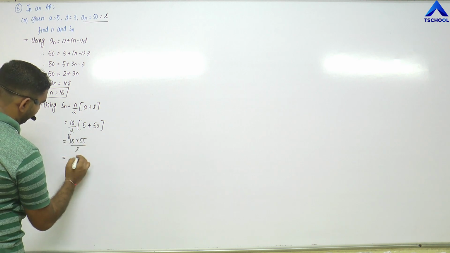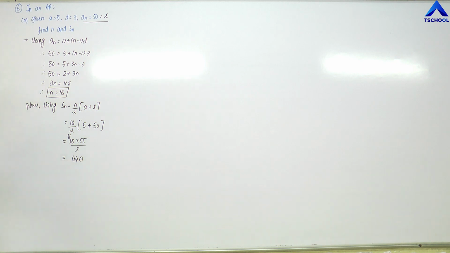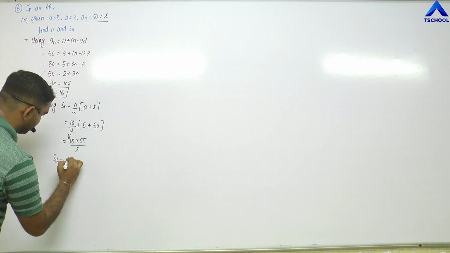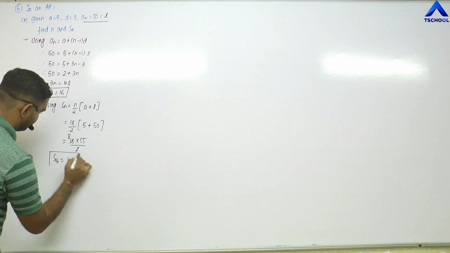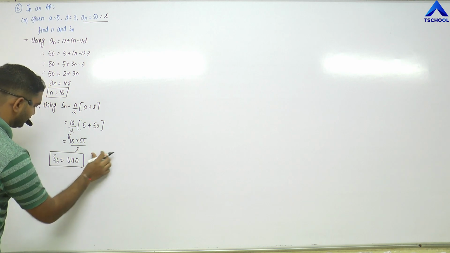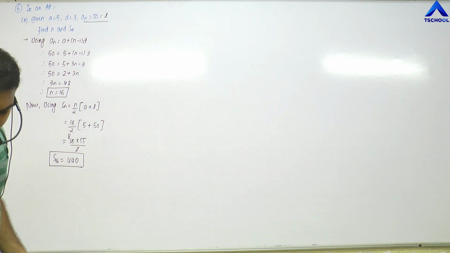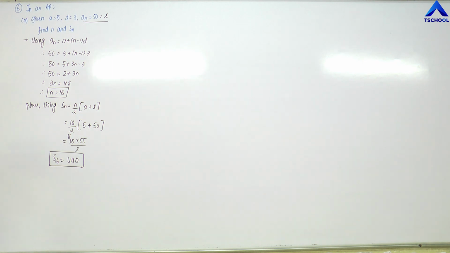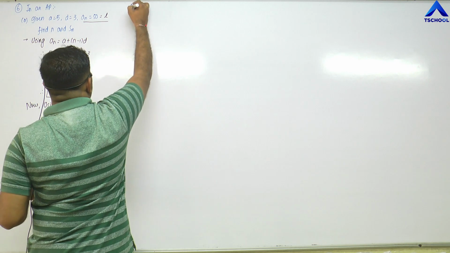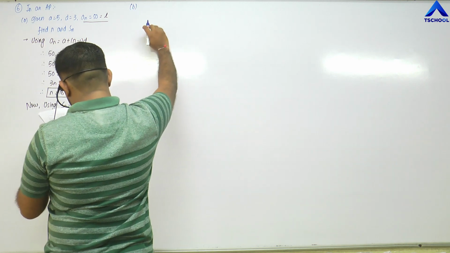So that is 8 into 55, that is 440. So the answer here is S16 equals 440. Right? So we got the answer of Sn also, or simply S16, that is 440. Is it clear, friends? Right? So in this way this can be asked here, right? Now we shall use some more related to this.